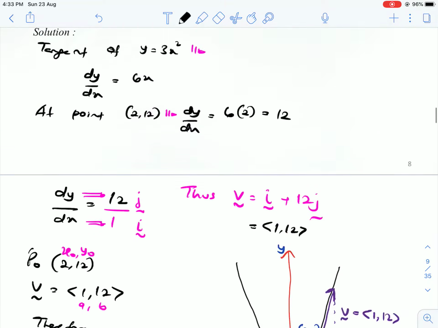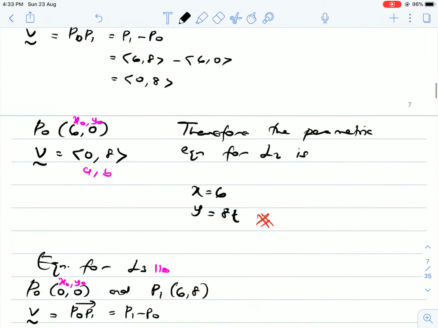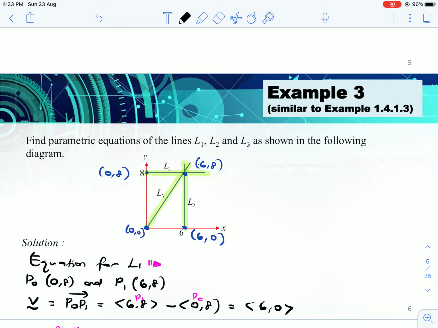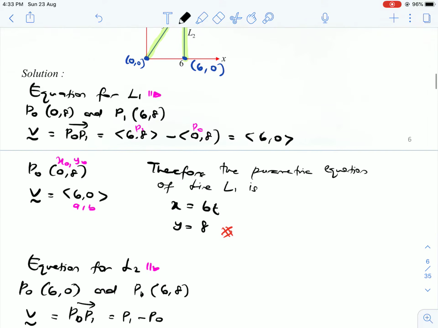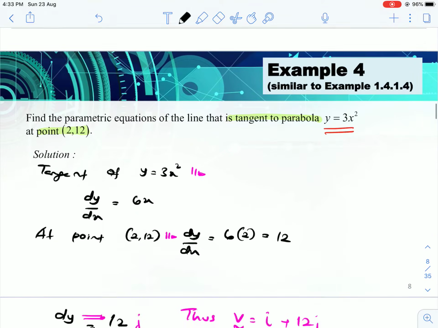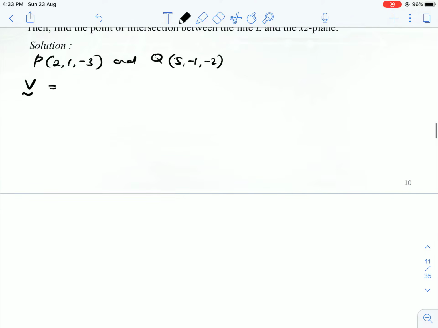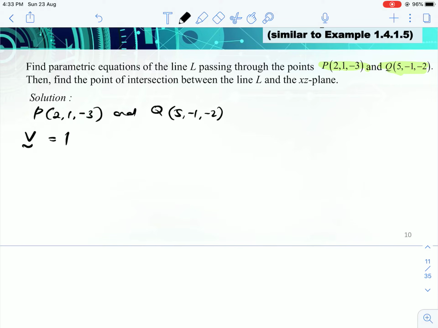The same step as example 3. How do we find the parallel vector? By finding the vector from P0 to P1. So in this case, we need to find the vector from P to Q. So we have vector Q minus vector P: (5, negative 1, negative 2) minus (2, 1, negative 3).